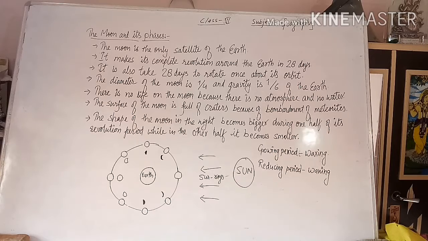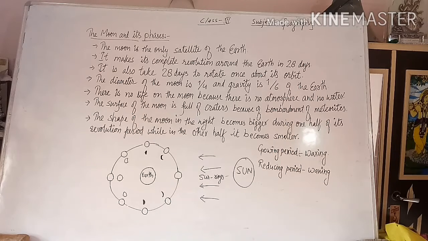The gravity force is 1 upon 6 of the earth, and the diameter is 1/4. There is no life because there is no atmosphere and no water. The surface of the moon is uneven and full of craters because of the bombardment of the meteorites.